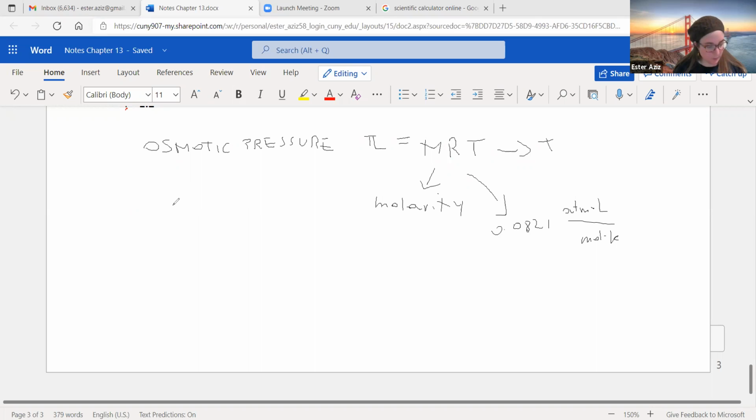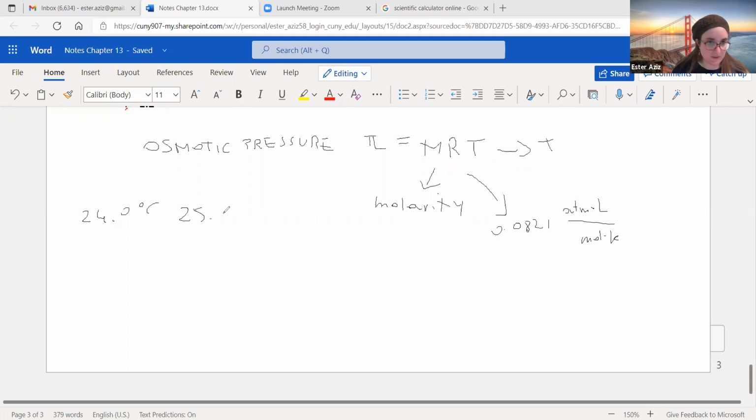What is the osmotic pressure exerted at 24 degrees Celsius by 25 milliliters of an aqueous solution that contains 37.5 milligrams of the protein? Okay, so you have a solution of 25 milliliters at 24.0 degrees Celsius.